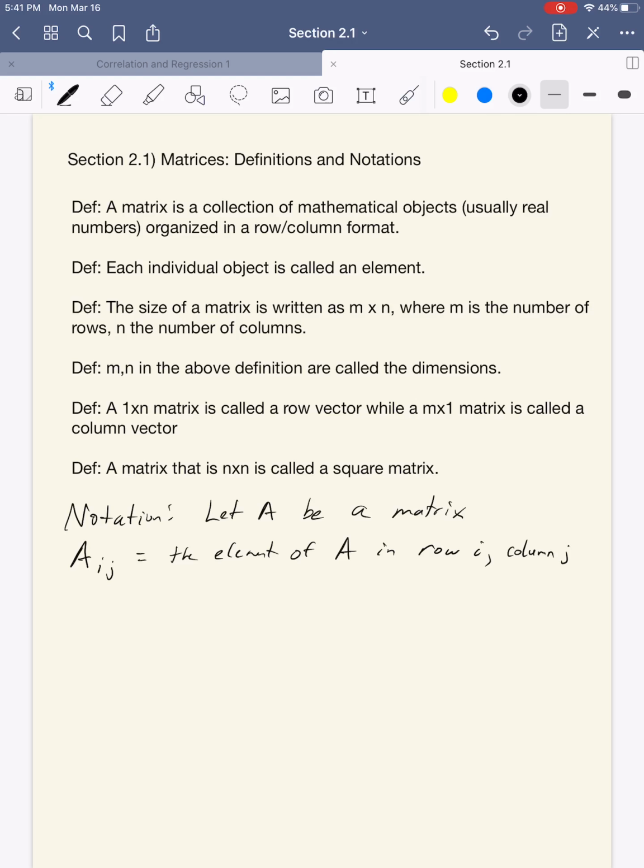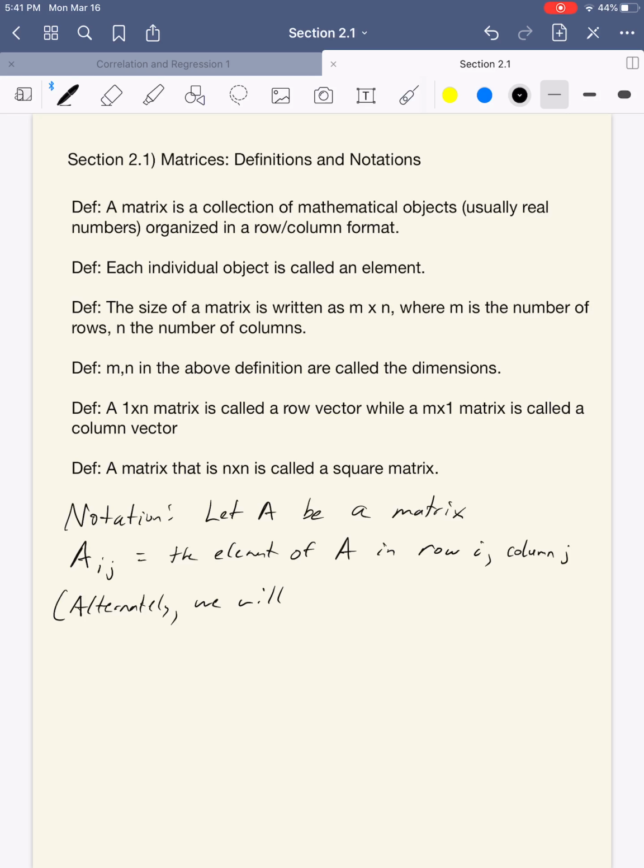So when we write A sub ij with those two subscripts, we're talking about a particular element from that matrix. And just as normal, we read that as the element that is in the ith row with the jth column. Sometimes you'll see the notation alternately.